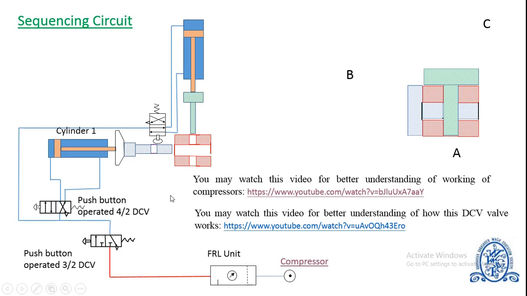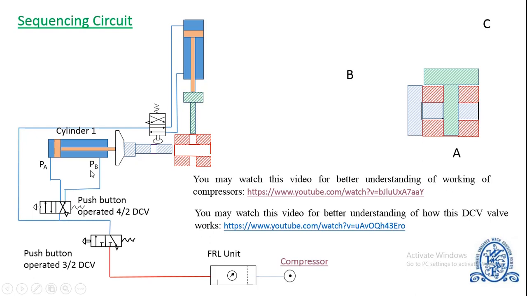Next element is cylinder. Cylinder 1 is a double acting cylinder used to push this pin B in the base part. In double acting cylinder there are two ports, PA and PB, and it uses fluid power for both extension as well as retraction.